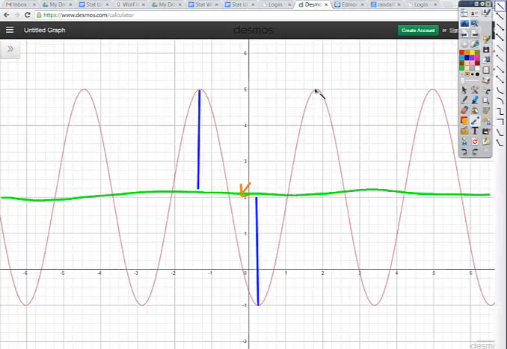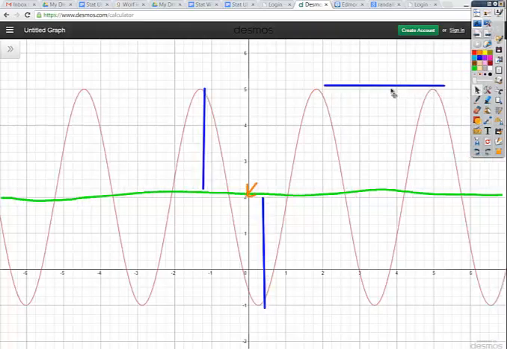The period, we can measure it here, or here, or here. Watch this. I can measure it there, there, there. You see how it's the same everywhere? Wherever I want to fit this thing, the period's the same.